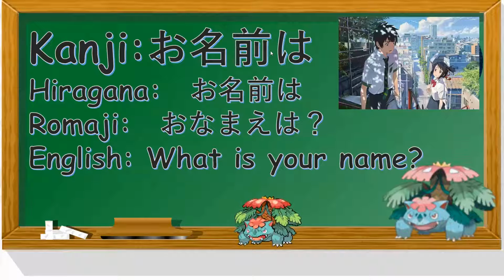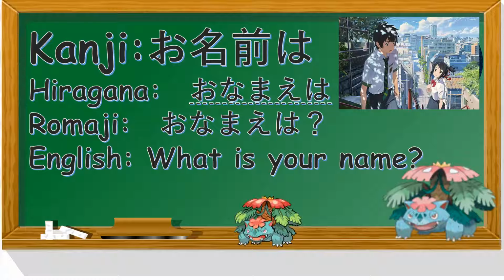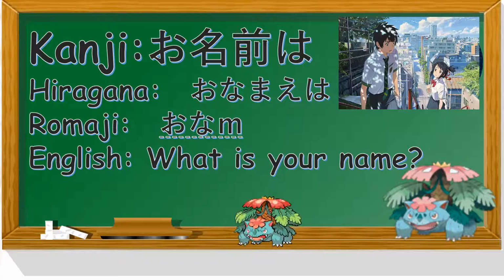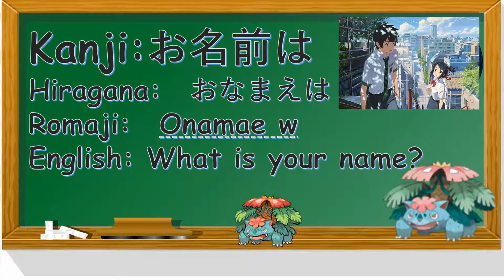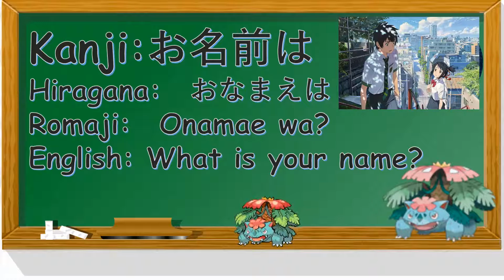Next word is onamae wa. In Romaji, how to read that, it becomes onamae wa. It becomes a question.